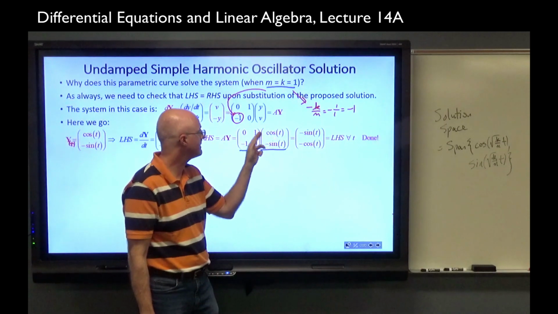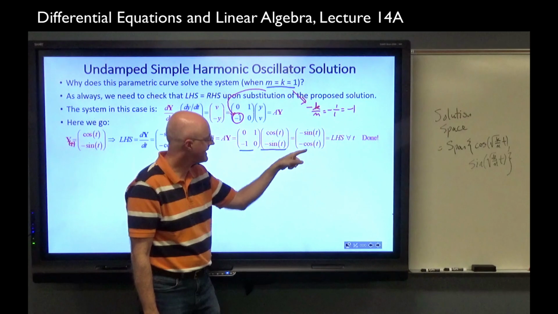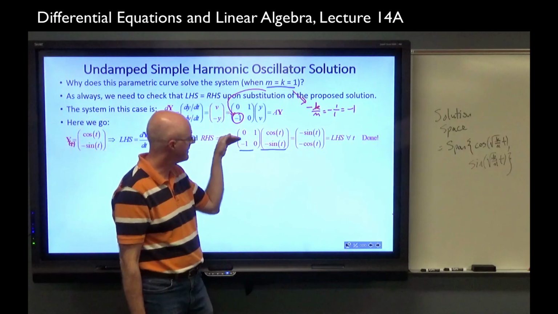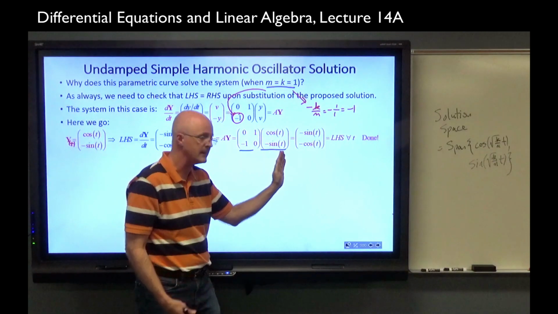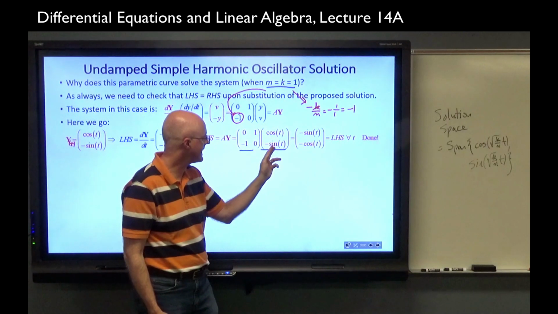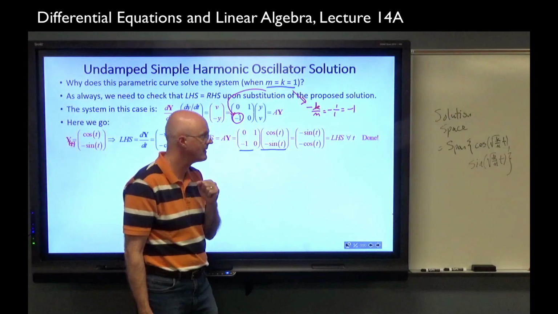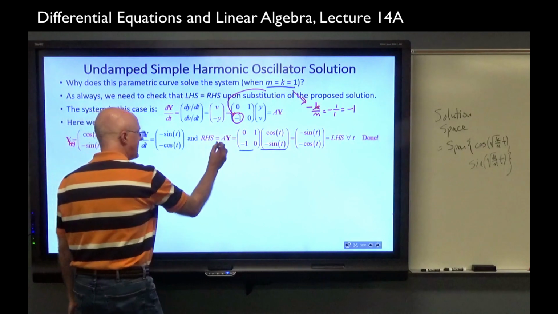0 times cosine plus 1 times negative sine of t is negative sine of t. The second component is the dot product of the second row of the matrix on the left with the first column of the matrix on the right. Negative 1 times cosine of t plus 0 times negative sine t is negative cosine t. That's the right-hand side.